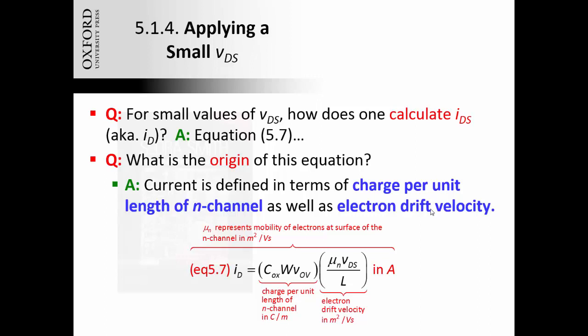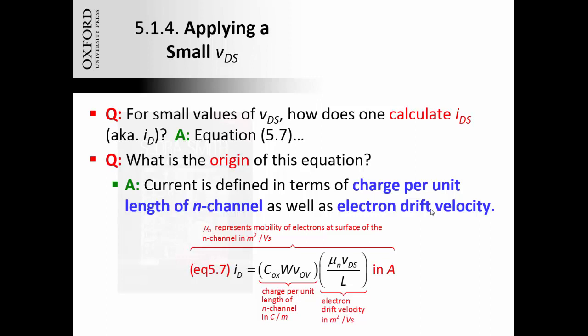So let's see, I think there's some more slides. Well, I think they add extra slides in this presentation. Let me just talk through this equation here and we'll be done with it, because I think it's pretty straightforward to understand it. Okay, so the term on the left comes straight from what we just looked at, the calculation of charge, which is just capacitance times voltage.